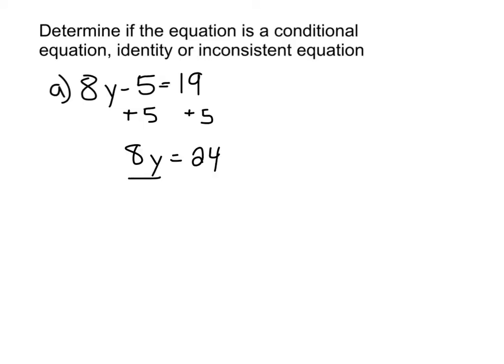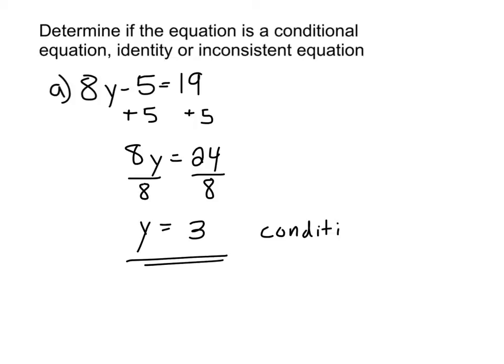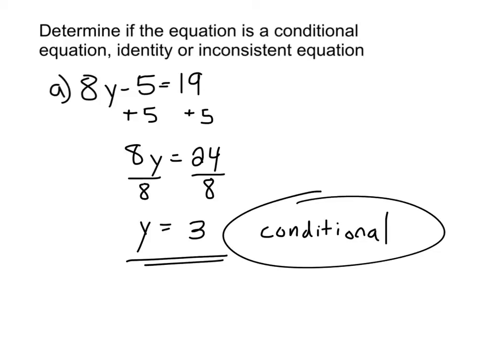Then I'm going to divide both sides by 8, and I end up with y equals 3. So that is one solution. There is at least one solution to this equation, so this is a conditional equation.